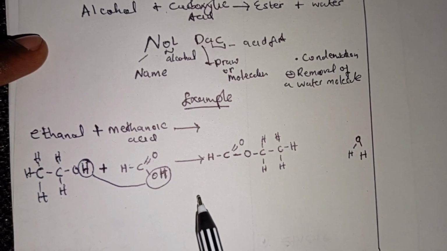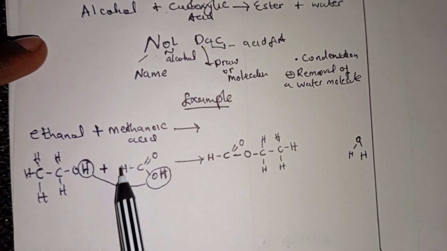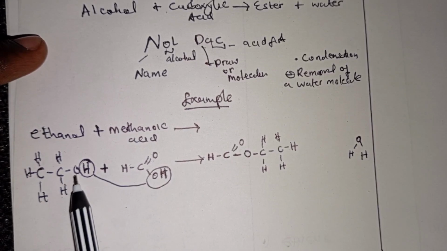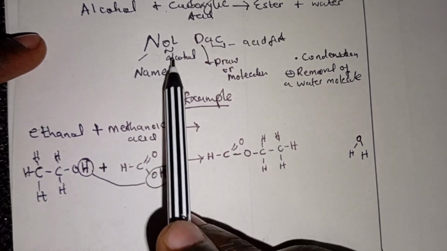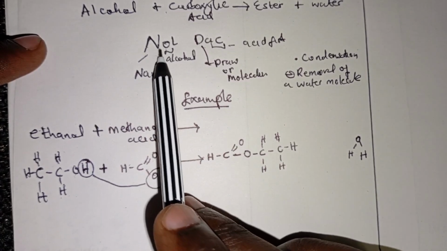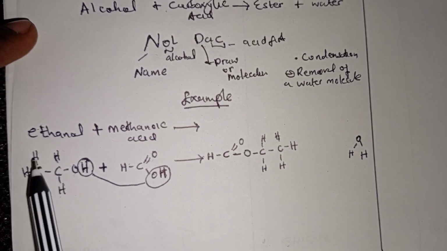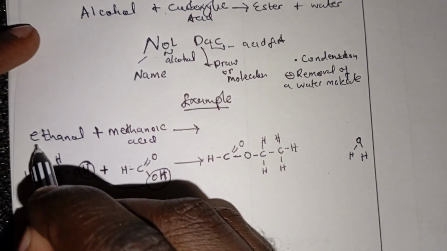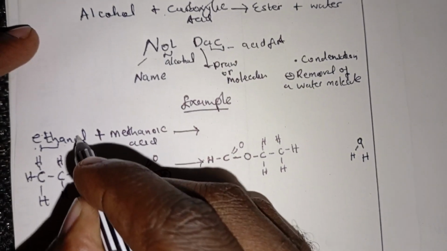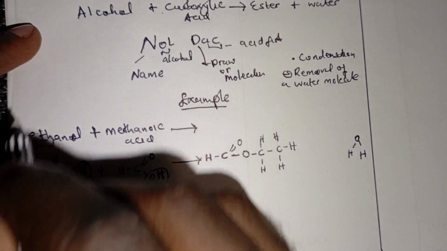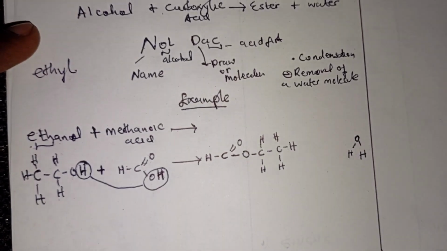So if you just follow this, when you're drawing, draw the acid first. We started with the acid, taking out what has remained, and we joined it to the alcohol. Now, when giving it a name, you name the alcohol first. So the alcohol is this one. You don't just get the alcohol the way it is, you get its prefix. So the prefix here, not the surname, you get the prefix eth, then you add YL.